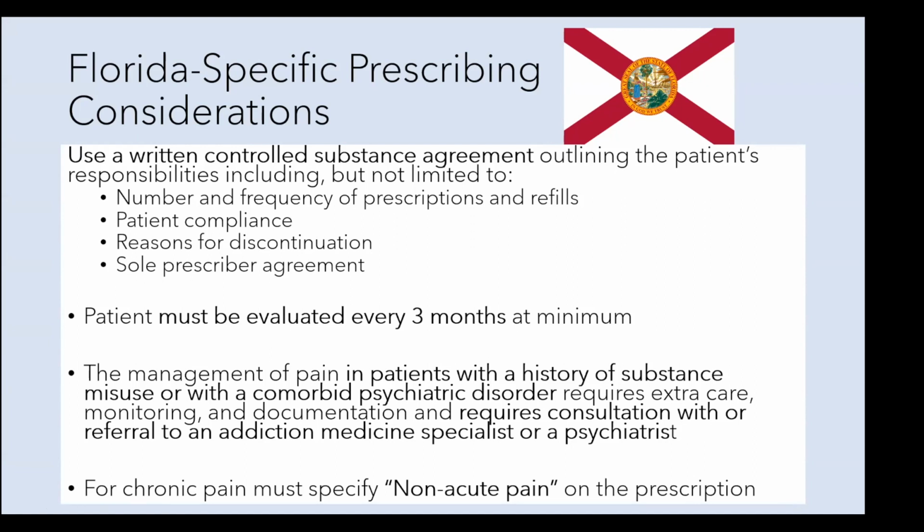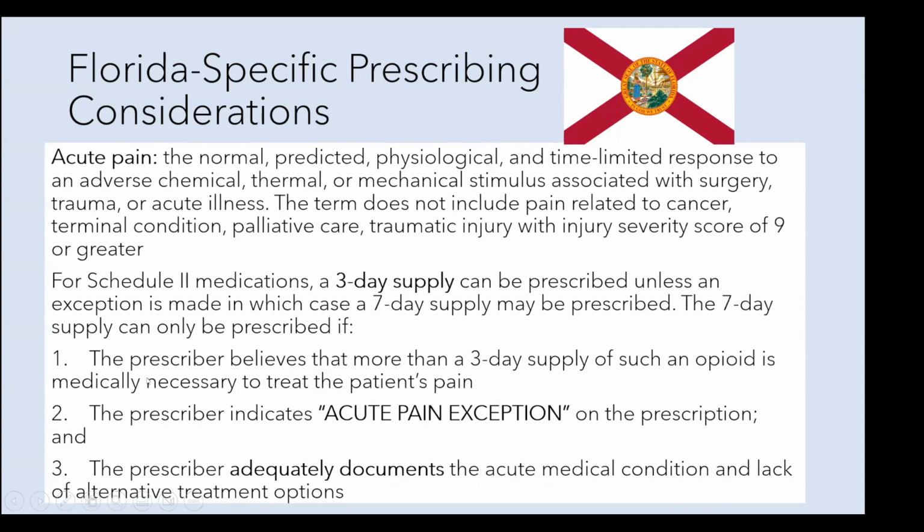And then for the management of pain with any patients with a comorbid mental health disorder, it requires extra care and monitoring and requires a consultation or referral to an addiction medicine specialist or a psychiatrist. And for chronic pain, you have to specify on the prescription non-acute pain. For acute pain, for Schedule 2 medications, a 3-day supply can be prescribed unless an exception is made in which a 7-day supply can be prescribed.